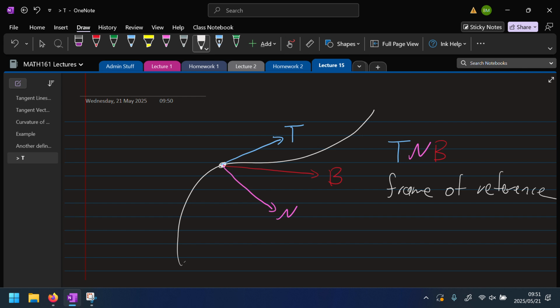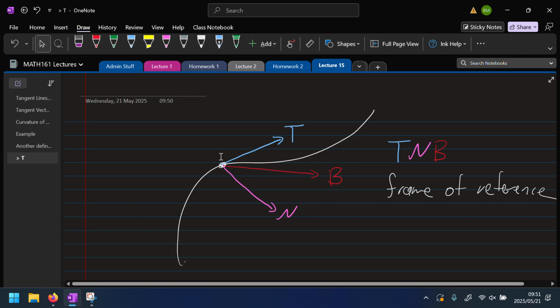So you all know what a frame of reference is. I could be standing here. I choose that to be X, I choose that to be Y, and I choose up to be Z. Right? 3 perpendicular directions. That gives you your frame of reference. For a particle moving along a curve, we can also define a frame of reference. One of the directions will be T, that's the velocity vector direction. Another direction will be N, that will be normal to the curve, so orthogonal.